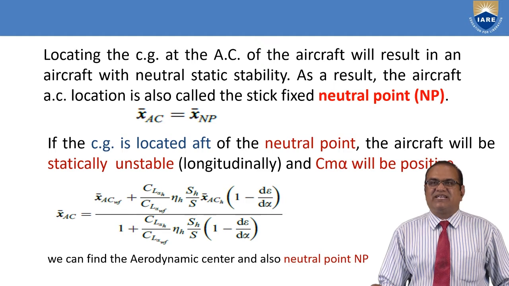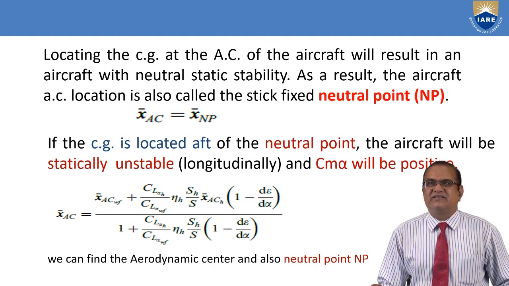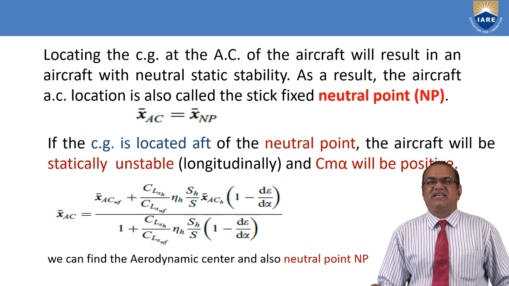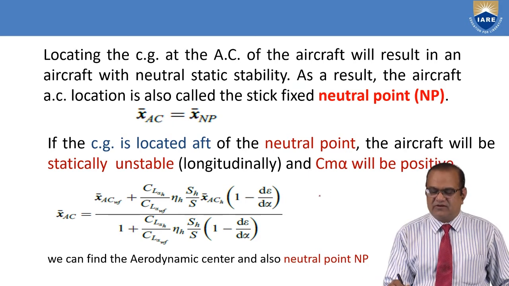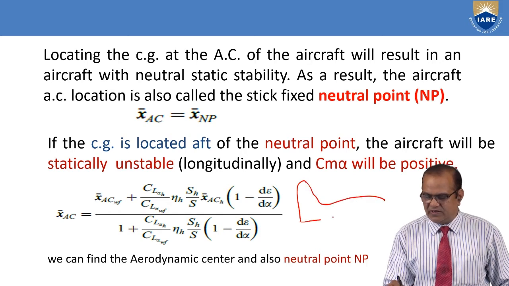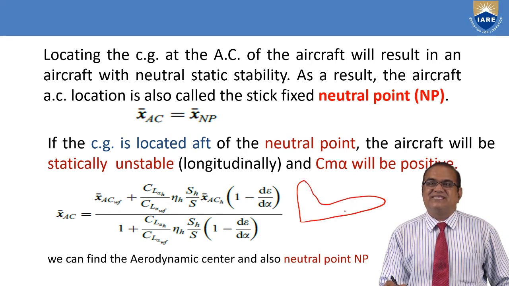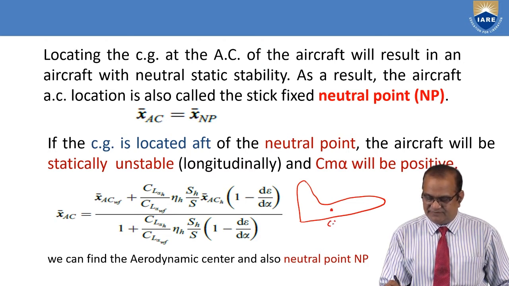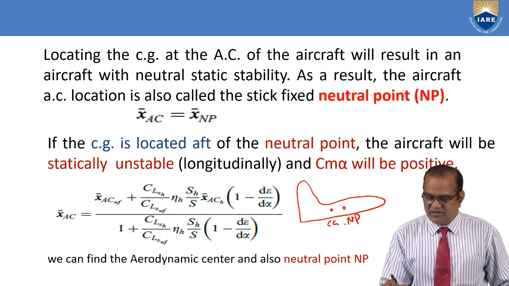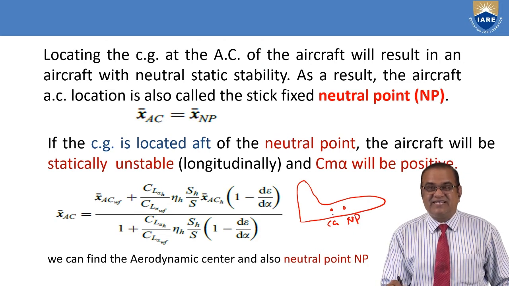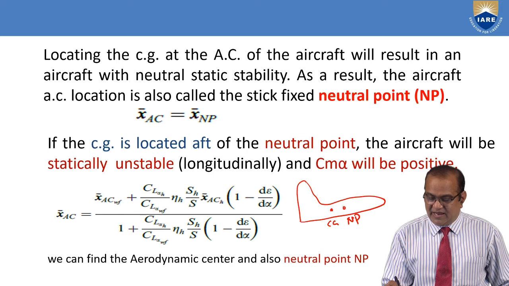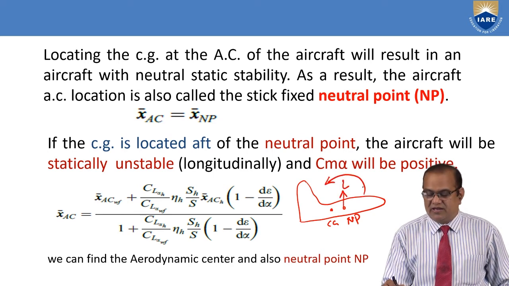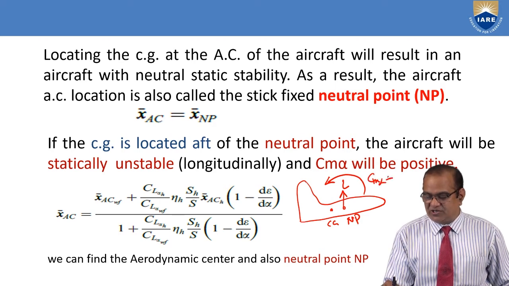If the CG is located ahead of the neutral point, the aircraft will be statically stable. Let me explain here. If this is the CG and this is the neutral point, lift acts at the neutral point and makes the nose go up, and Cm alpha is positive.